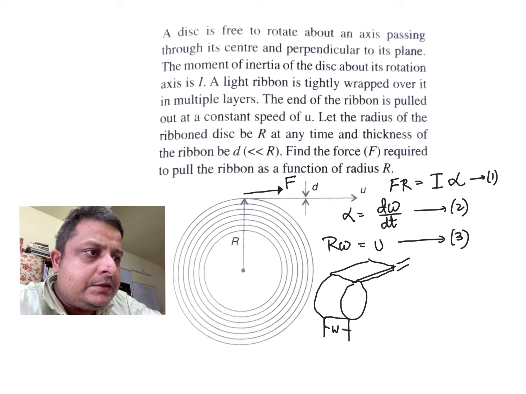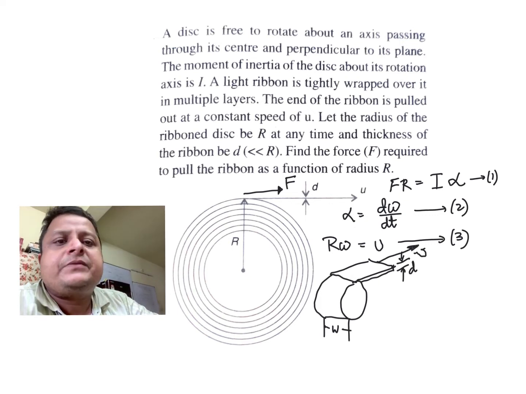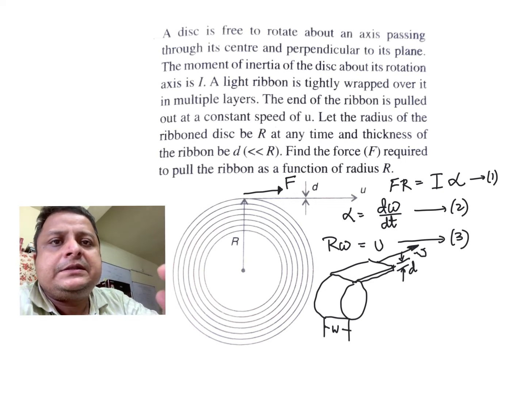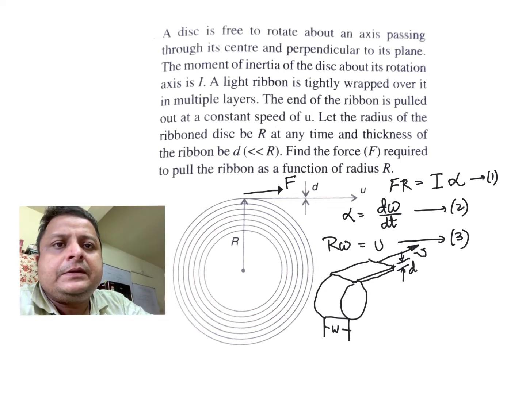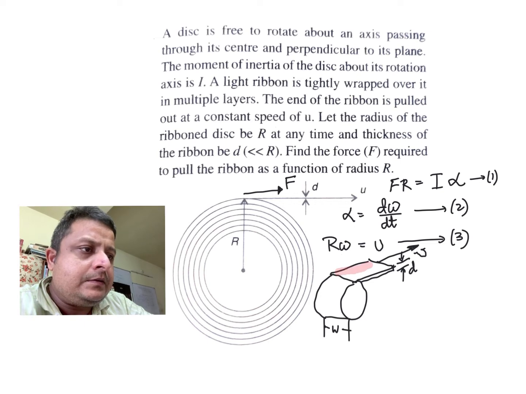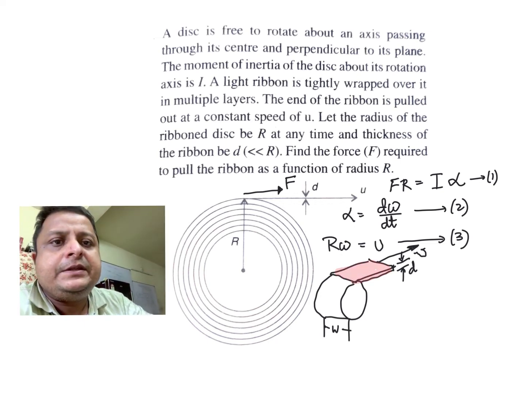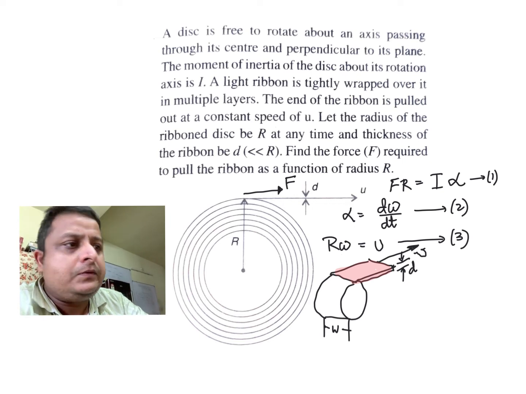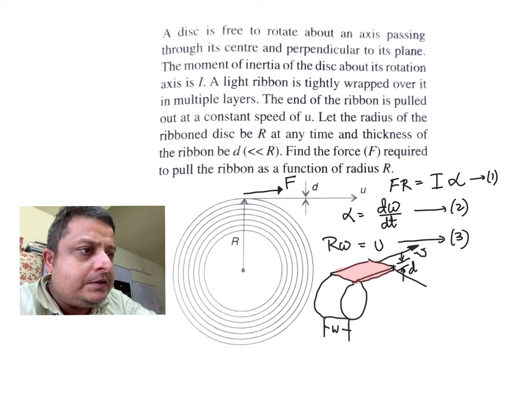This little thickness is d, and the ribbon is pulled out with a speed u outward. The distance moved in time dt is u times dt.